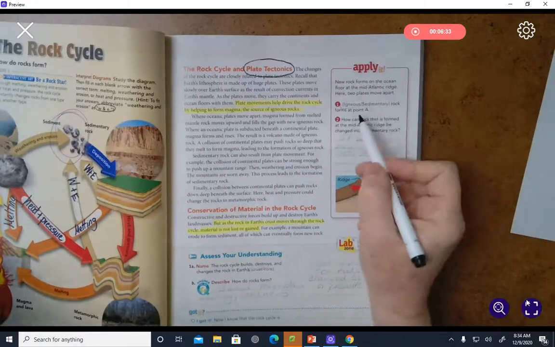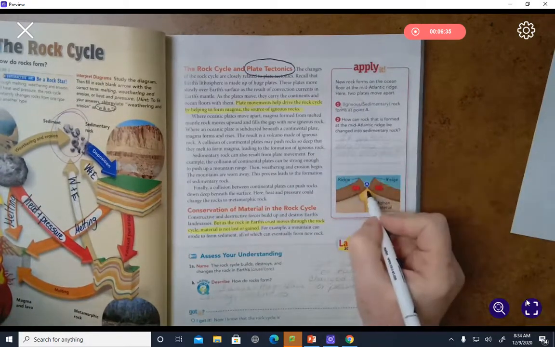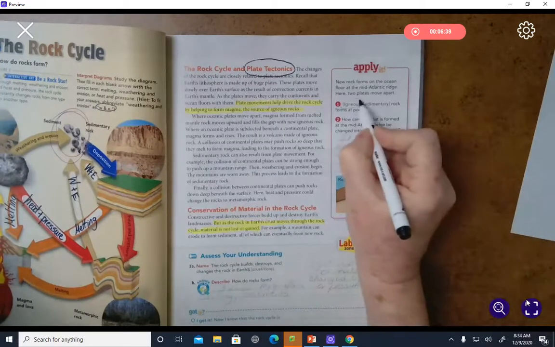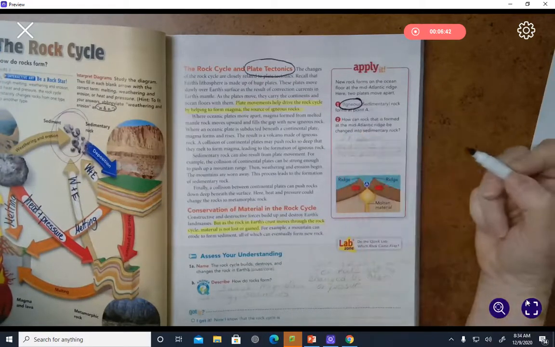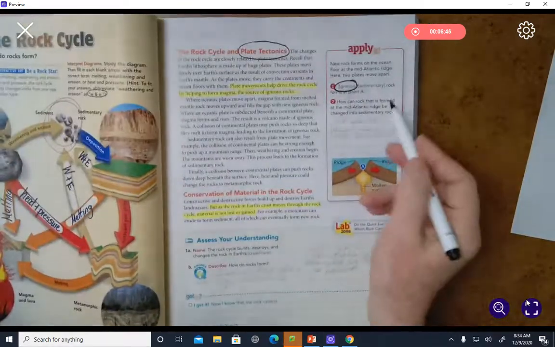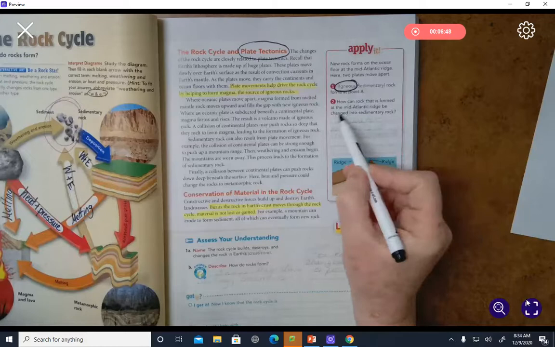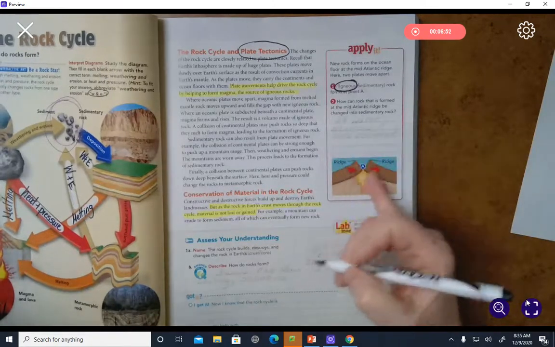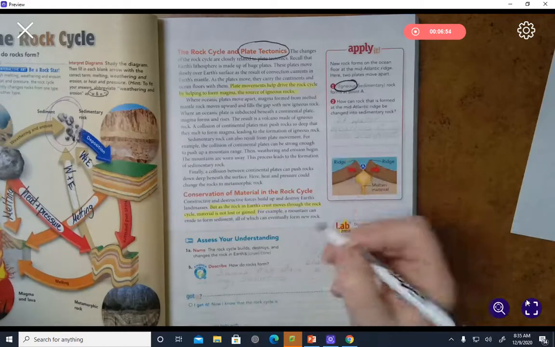So since I'm looking at what kind of rock forms at A, it definitely looks like it's molten material. So I'm going to write igneous. And how can a rock that is formed in the mid-Atlantic ridge be changed then into sedimentary rock? Well, obviously in the mid-Atlantic ridge, you're underwater.